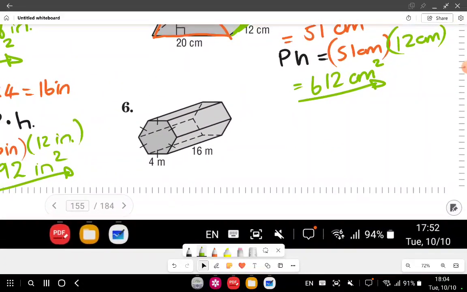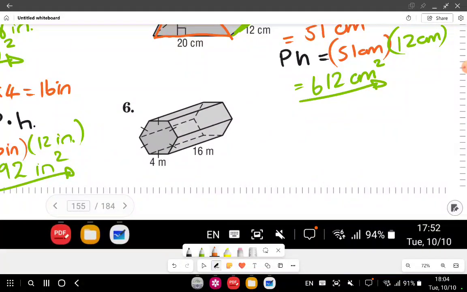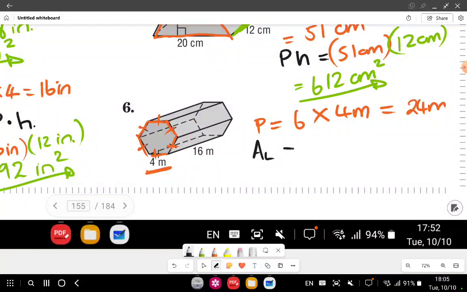And the last one, number 6. That's my base, which is a 6-sided, 1, 2, 3, 4, 5, 6 equilateral, 4 meters all. Perimeter is equal to 6 sides of 4 meters each, which gives me 24 meters as a perimeter. Area lateral is equal to perimeter times height.